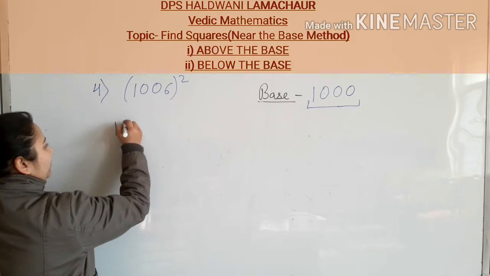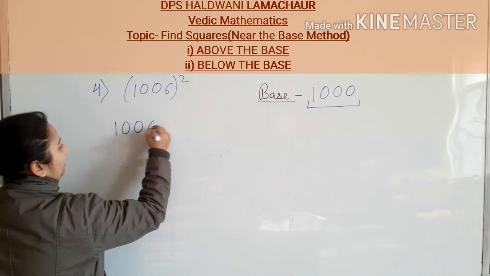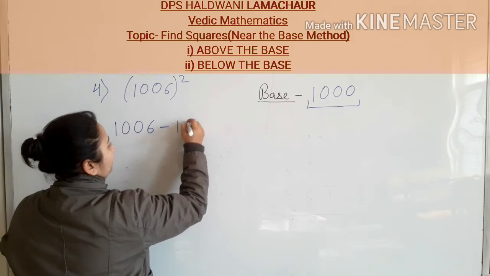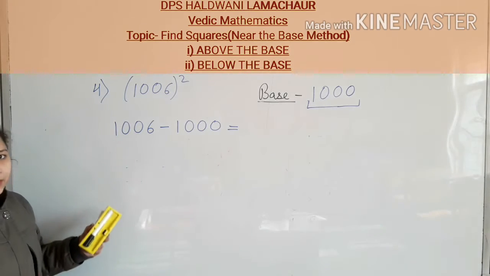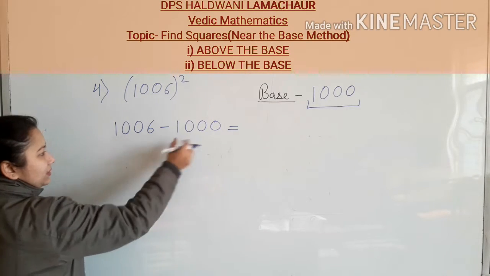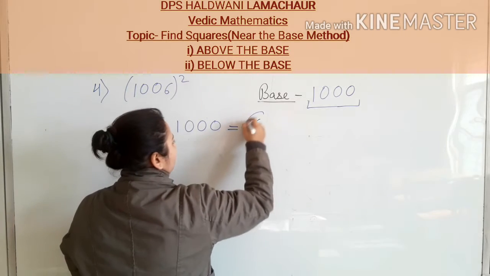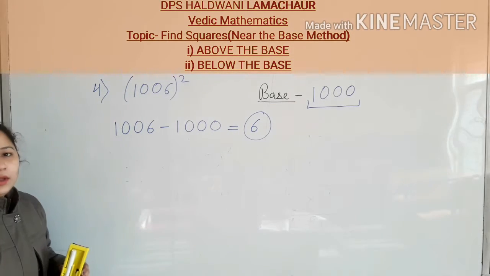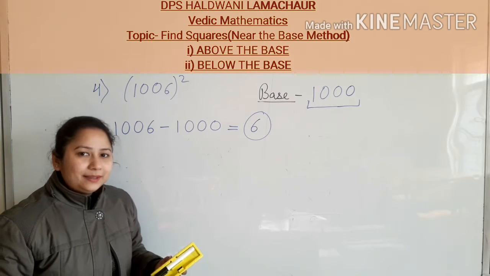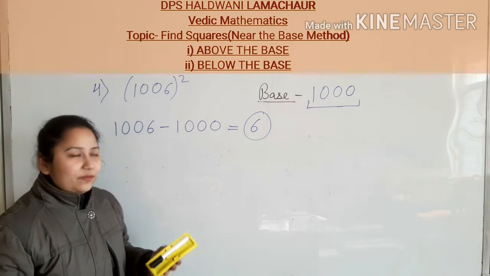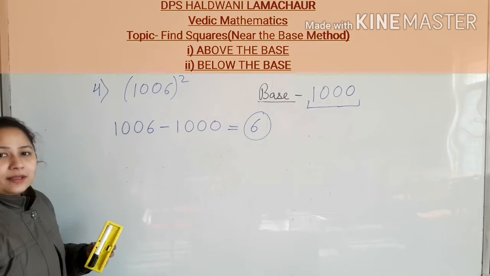Now the first step is you have to subtract your base from the number. You can see clearly 1006, 1000, so only 6 is there. Now I hope kids you get the method and you know what we have to do after this part.